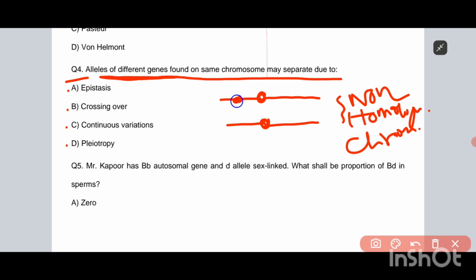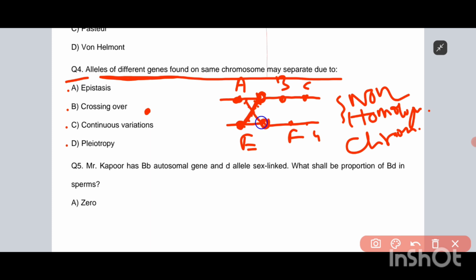So here there is A allele, say B allele, C allele, and in the other chromosome here are present E, F, G. So when the crossing over takes place, we say in this fashion, when the crossing over takes place, here the cut happens, and here the cut happens.